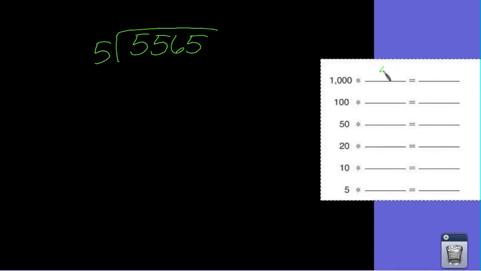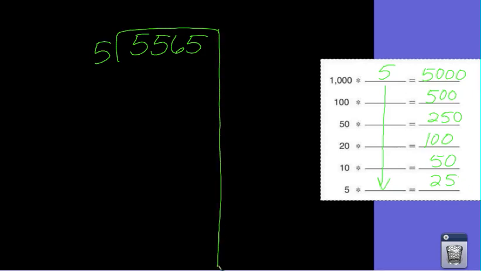Filling in my chart, I'm going to multiply all those by 5. 5,500, 250, 150, and 25. Then I can come to my chart.